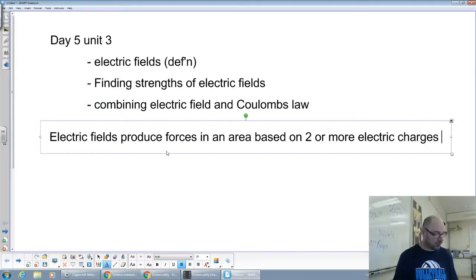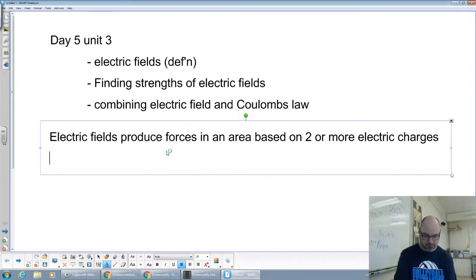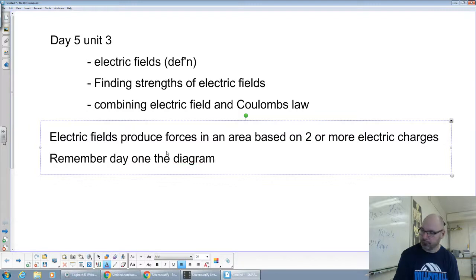Okay, so if we remember day 1, the diagrams of electric field lines between charges.